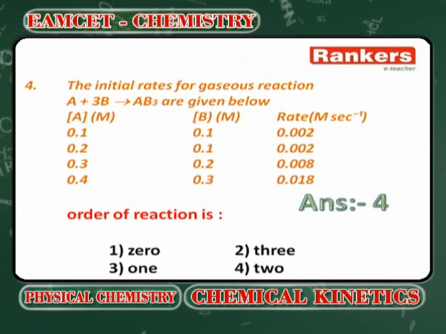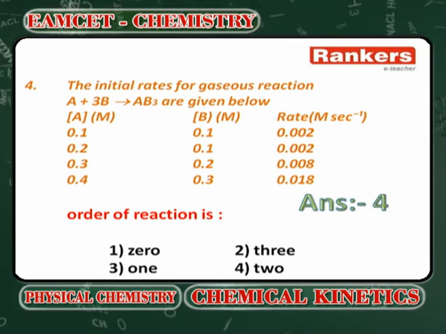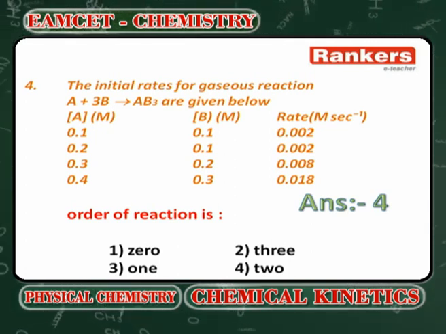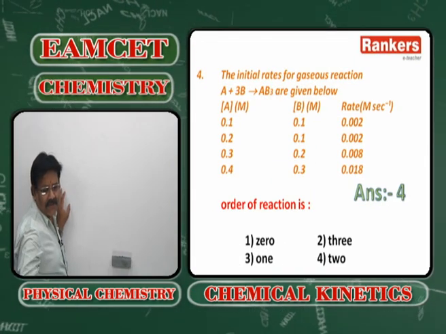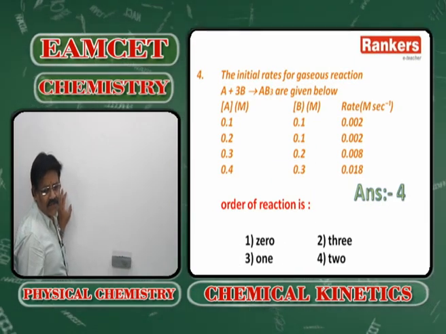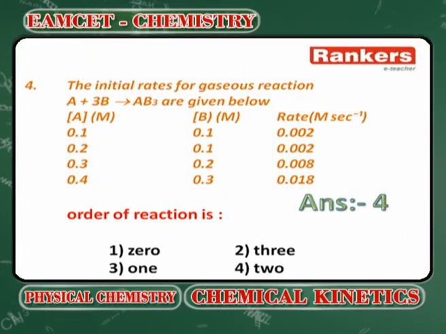Next, the initial rates for gaseous reactions are given as follows. Let us observe the data given. Compare 1 and 2. Keeping the concentration of B constant, when the concentration of A is doubled, we observe no change in the rate of the reaction.